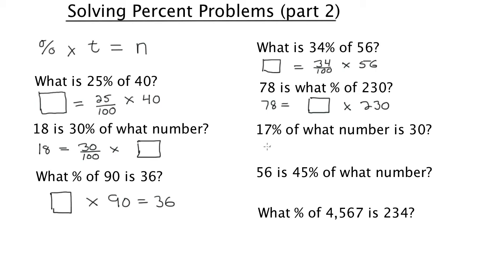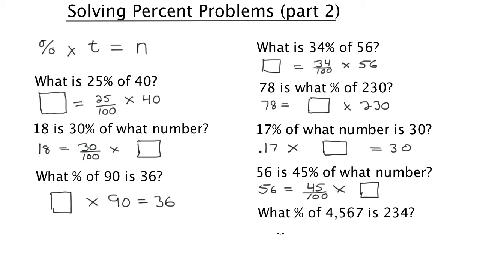17% of what number is 30? I'm going to write this one as a decimal. 17% is the same as 0.17, of what number? That's my unknown. That's the thing I'm looking for, is 30. 56 is 45% of what number?